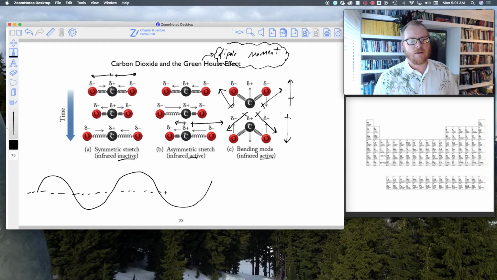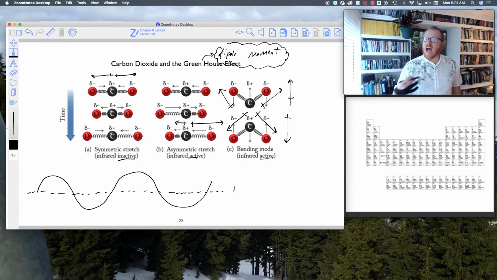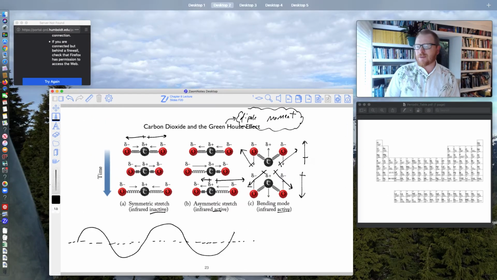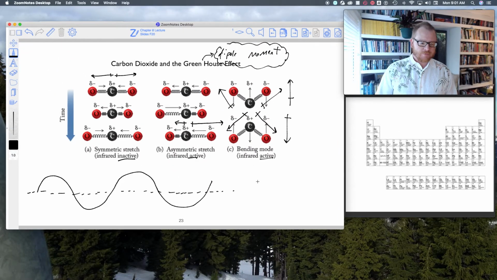As we discussed in Chapter 7, light is an oscillating electromagnetic field. We talked about that very briefly, okay? So as light is going through this wave, there is actually a dipole moment created by light itself, okay?